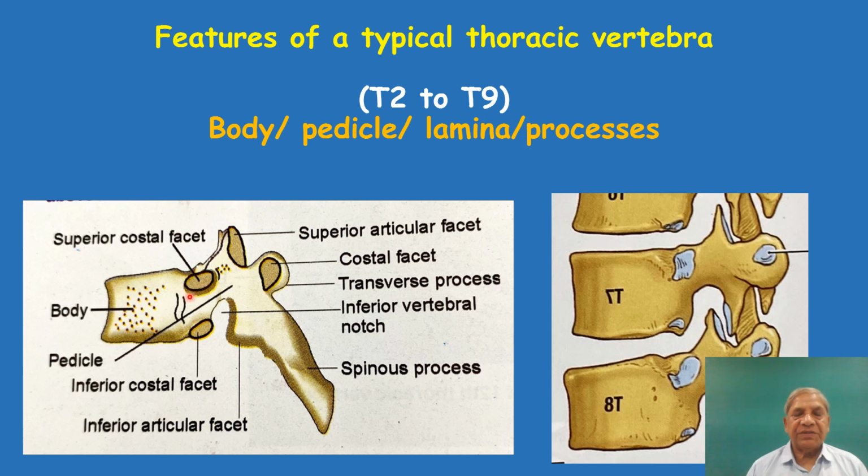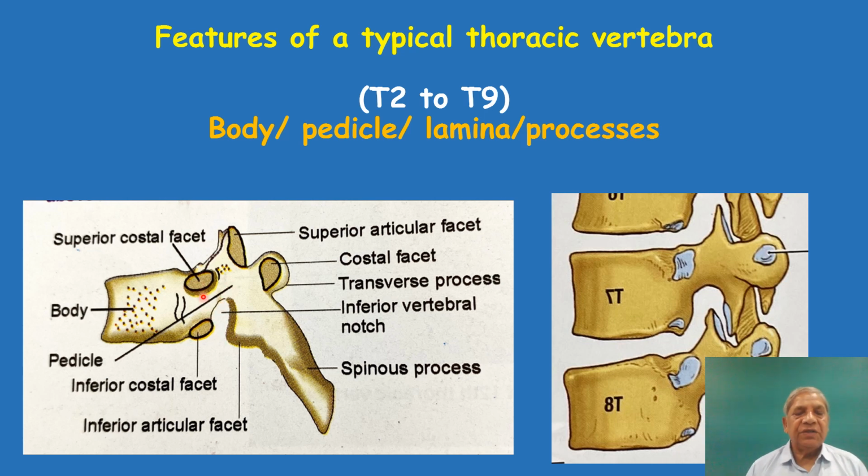Naturally the upper facet is bigger, and it is very close to the superior border of the body, more extending towards the pedicle here. This is the pedicle of the vertebra, and then the inferior facet is usually very small and very close to that of the inferior vertebral notch. This is the inferior vertebral notch.